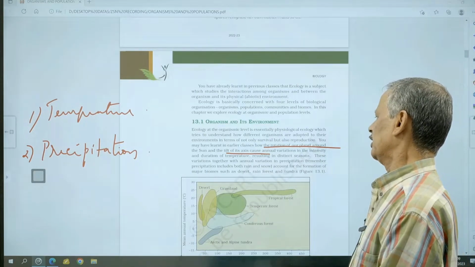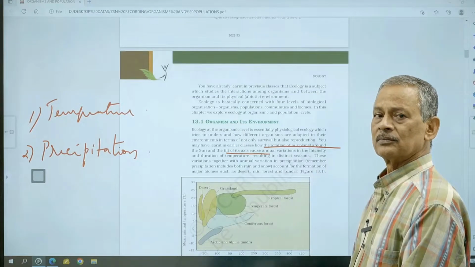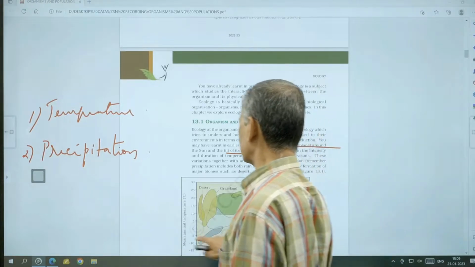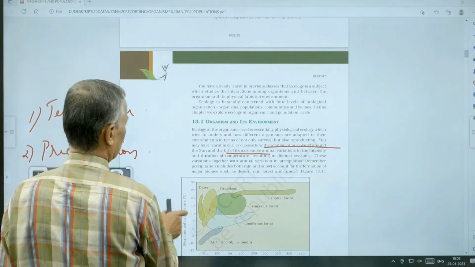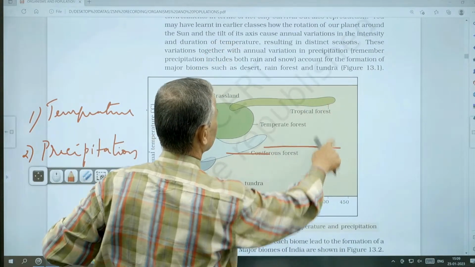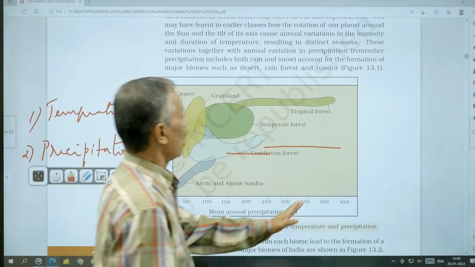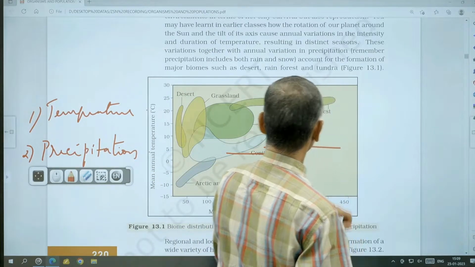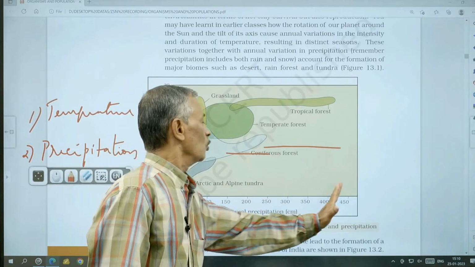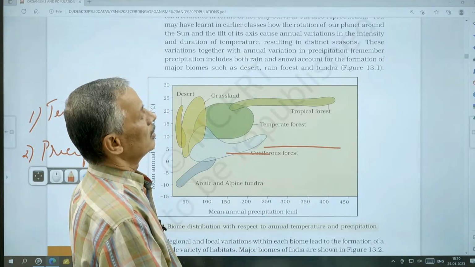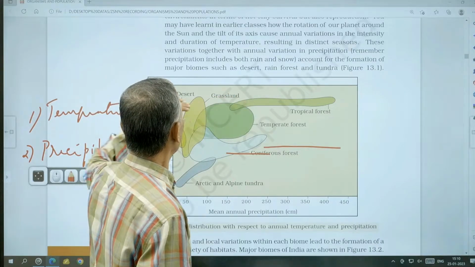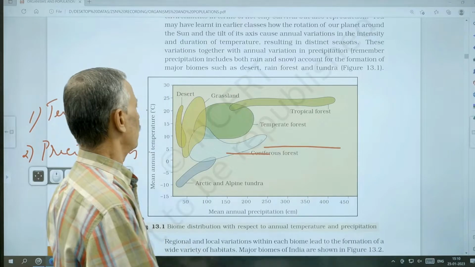And accordingly, we are having the important biomes like tropical forest, which is getting maximum rainfall or precipitation. It is getting almost 425 centimeters of rain. So from 150 to 425, that is the average precipitation, and temperature is just below 25.